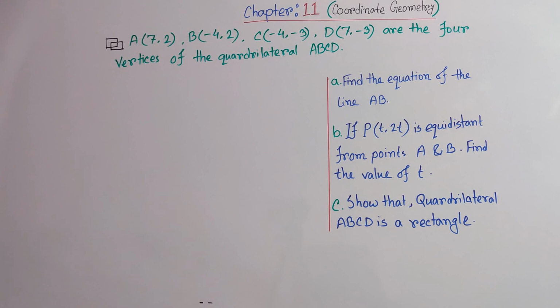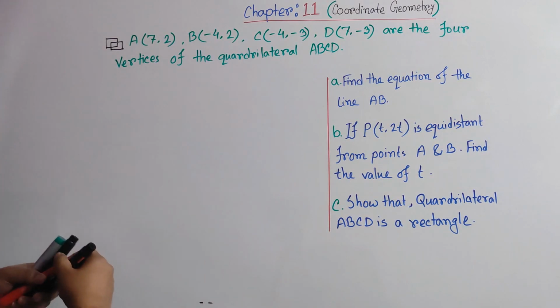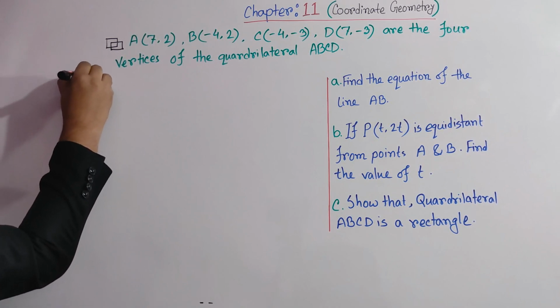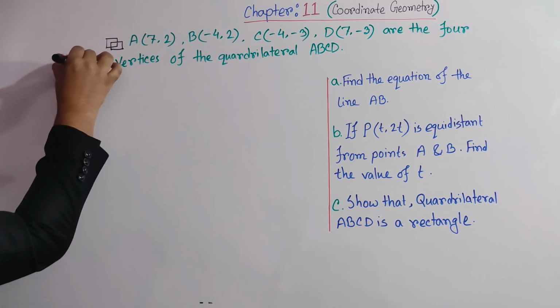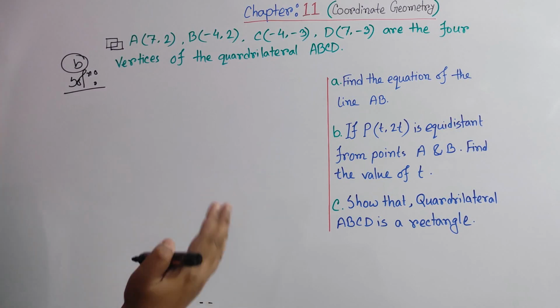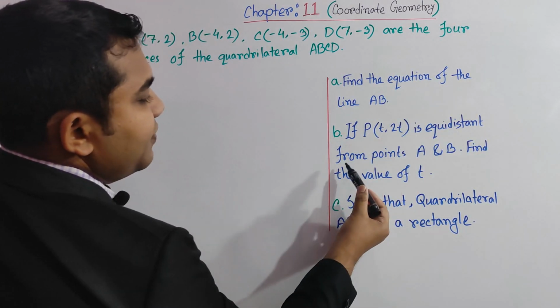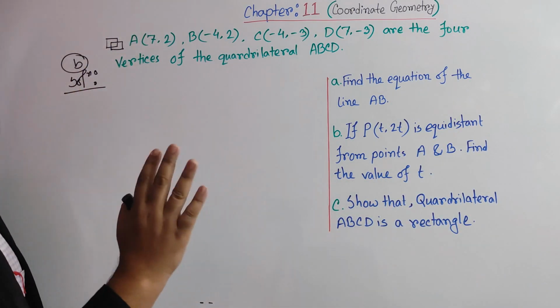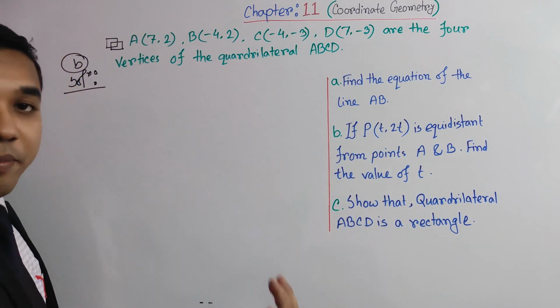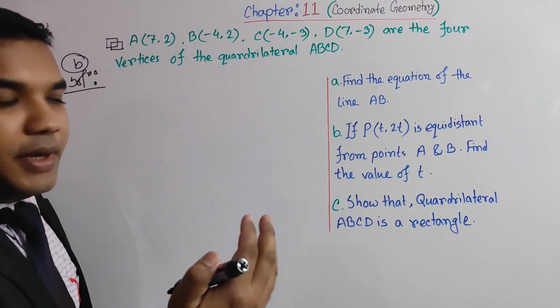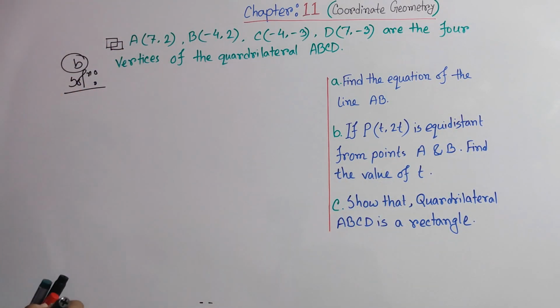Now let's move on to our next question, question number B. What are we talking about here? It is given that P is equidistant from the points A and B, meaning P covers equal distance from A and B. Find the value of t.